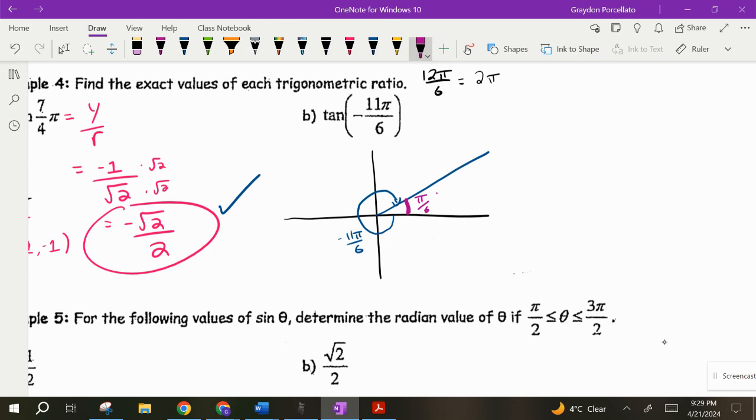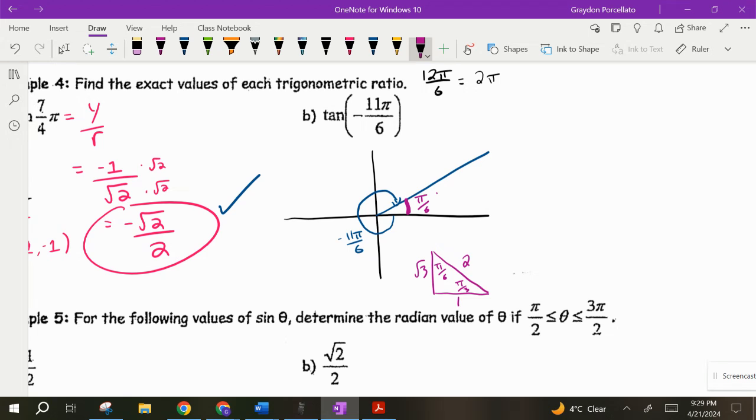Immediately we should be thinking about our special triangles. Pi over 6, pi over 3. I think the sides are 1, root 3, and 2, if I have that memorized correctly. Let me double check my notes. That is correct.